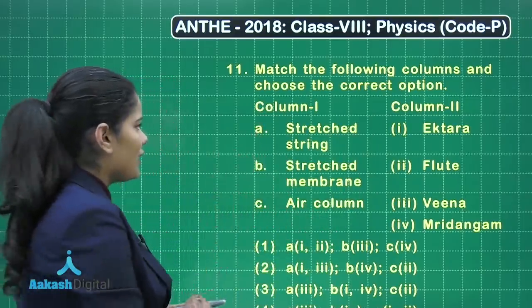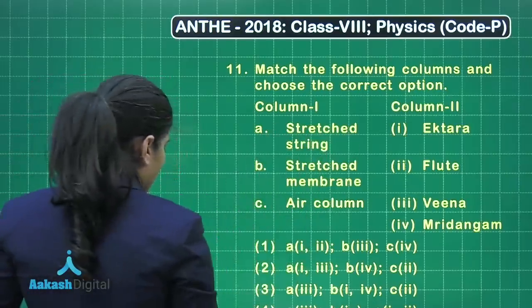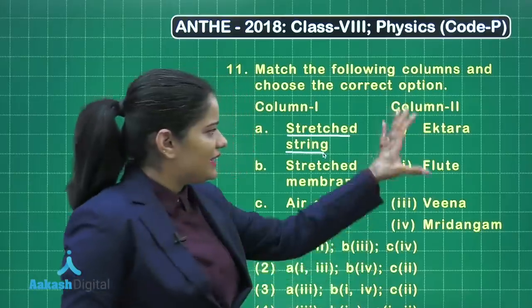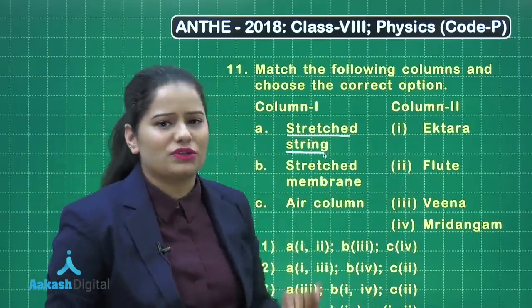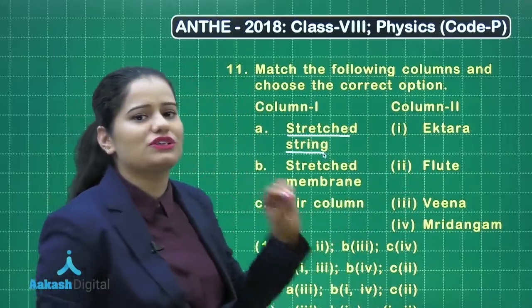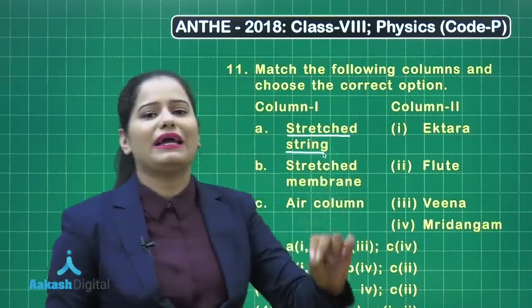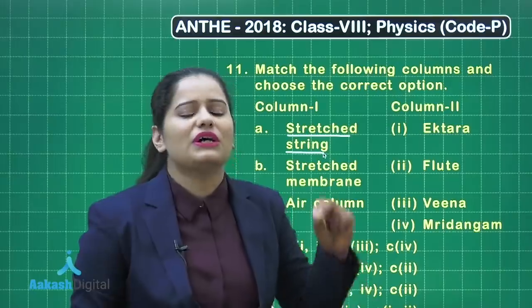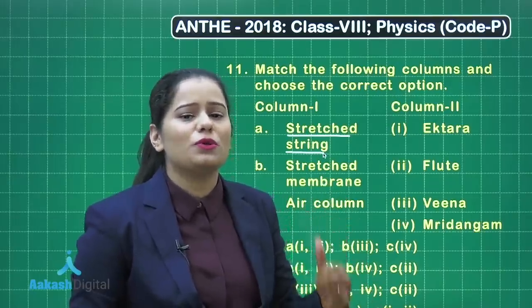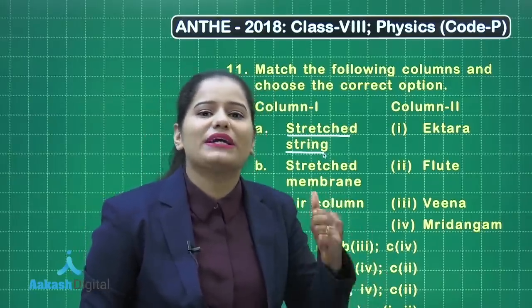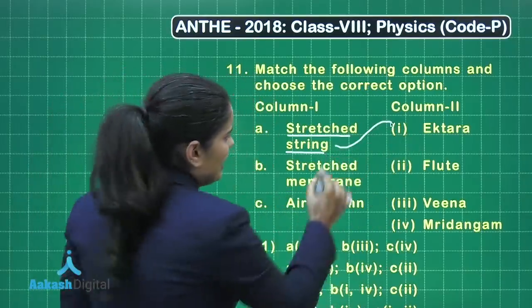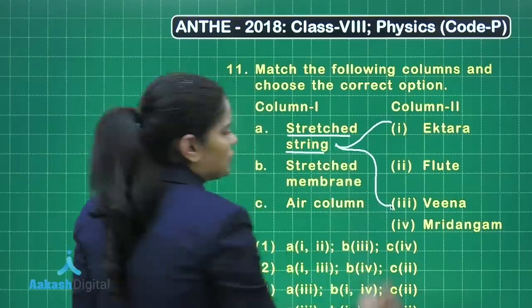If you talk about this stretched string, out of these 4 given instruments, in which of them is the sound produced by the stretched string? Which instruments belong to the category of string instruments? We know Ektara is a string instrument and Veena is also a string instrument.